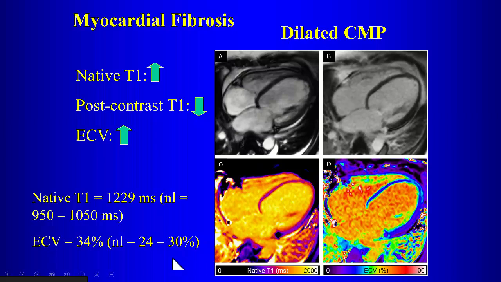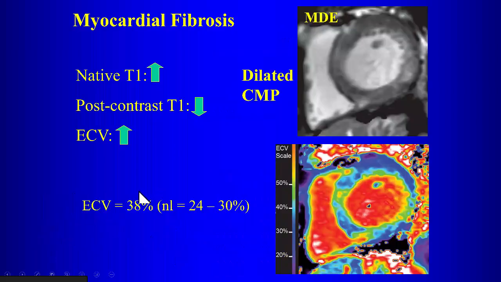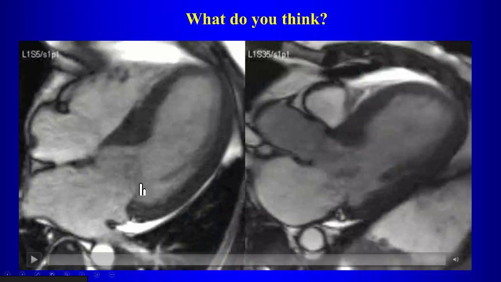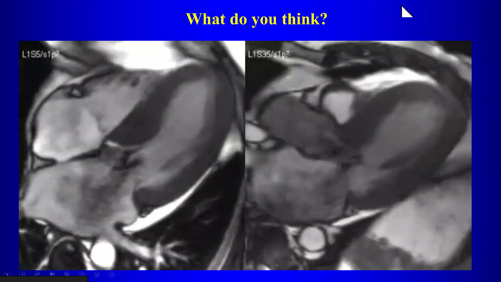If you suspect there are focal regions of abnormality, you can put regions of interest there and measure the native T1 time in those regions of interest. Okay. So myocardial fibrosis increases the native T1, decreases the post-contrast T1, increases the ECV. Okay. All right, so let's move on. What kind of views do we have here?